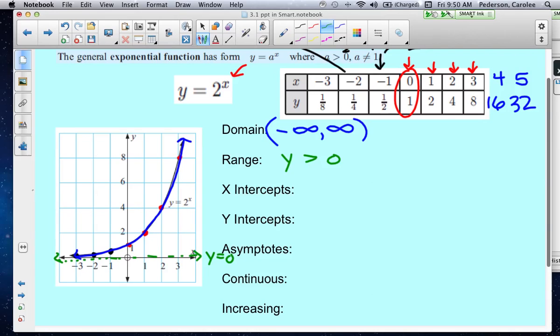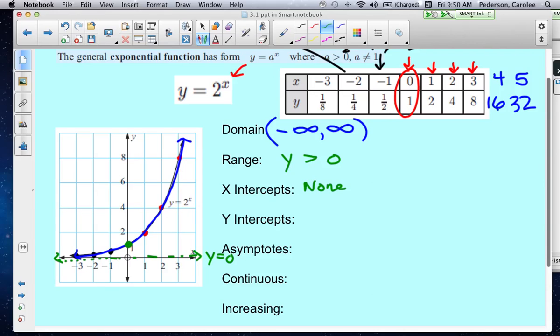How about x-intercepts? Does it touch on the x-axis? No. It will never cross the x-axis. So that is a none or no. What about the y-intercept? Is there a y-intercept? 0, 1. Right here.